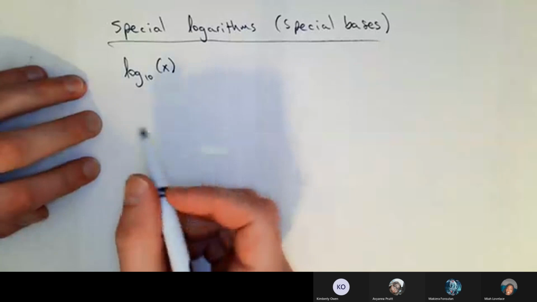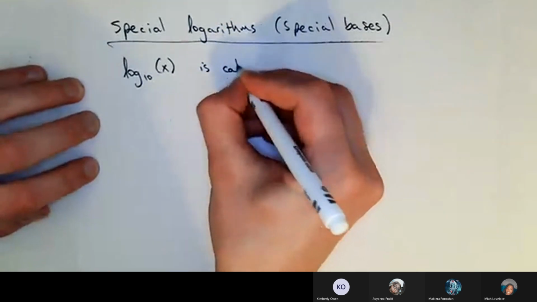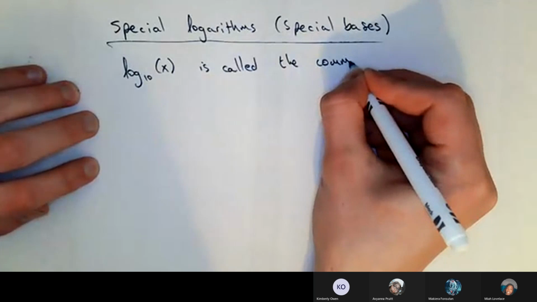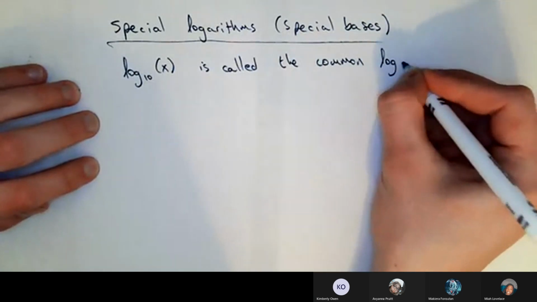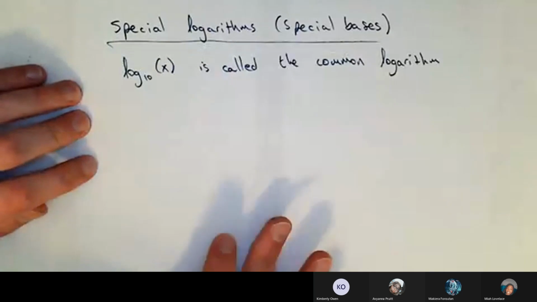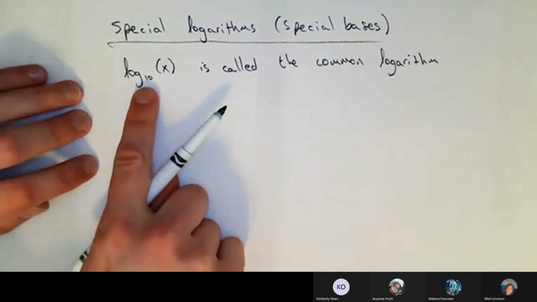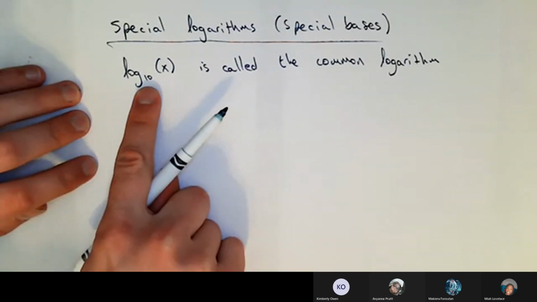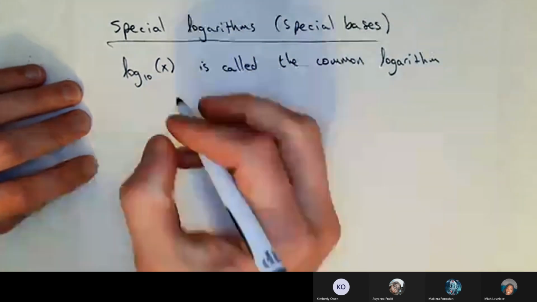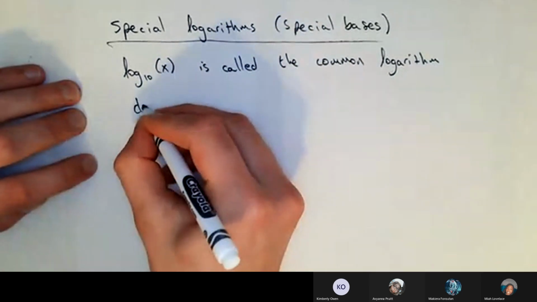So the a value is 10 here, and it is called the common logarithm. The way we typically denote it is, if you see a log written without the base, then it's 10, a common log.